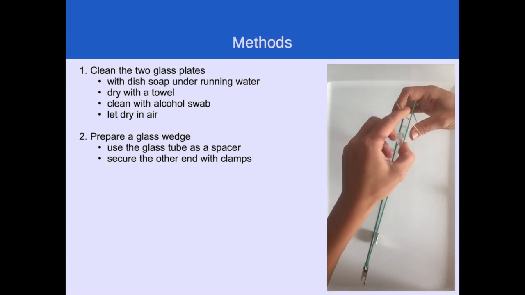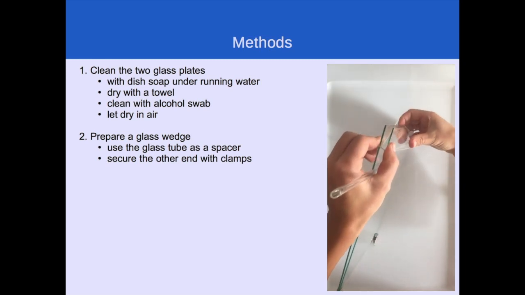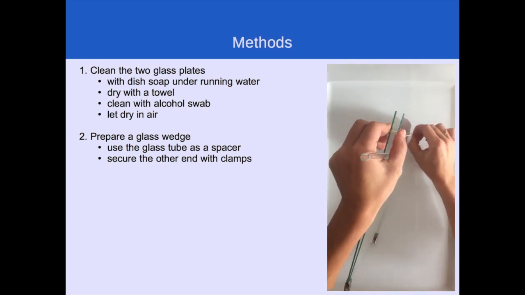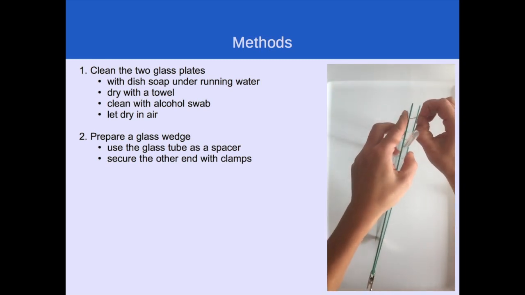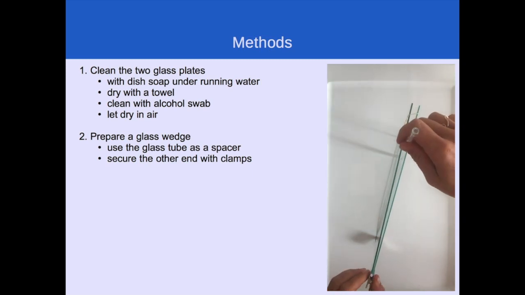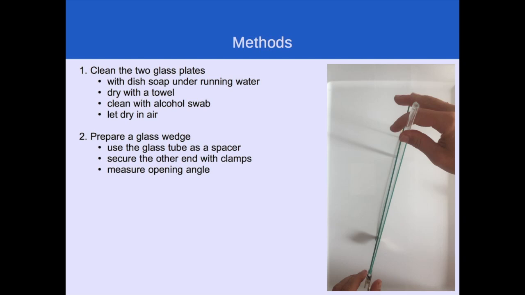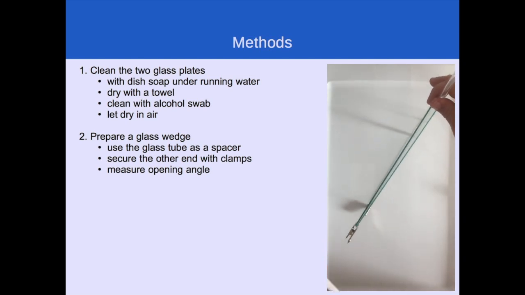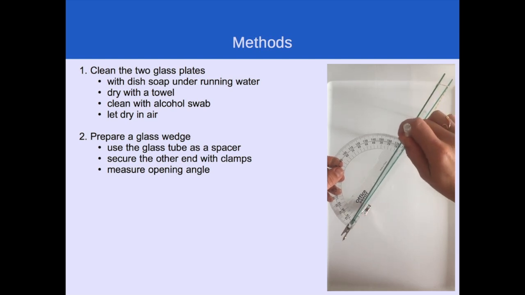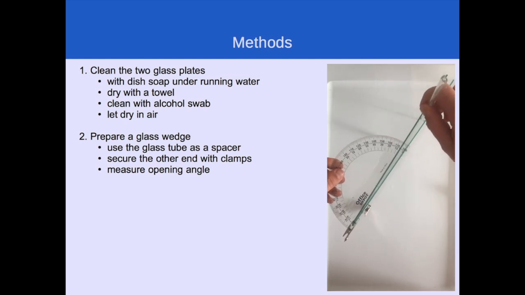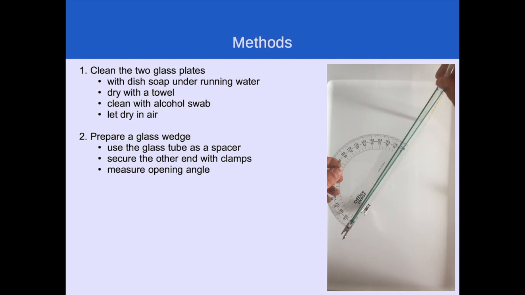You can also use a rubber band to make sure that the spacer doesn't fall out during the experiment. You can move the spacer forward and backwards to change the opening angle, and you can measure the opening angle with a protractor to make sure you have the data.